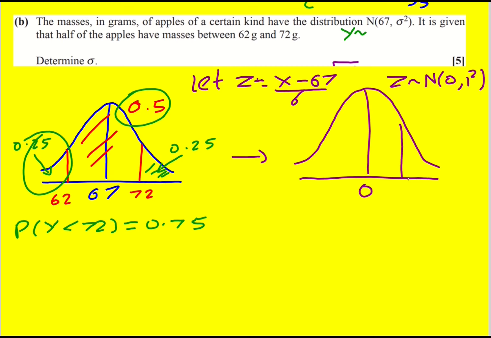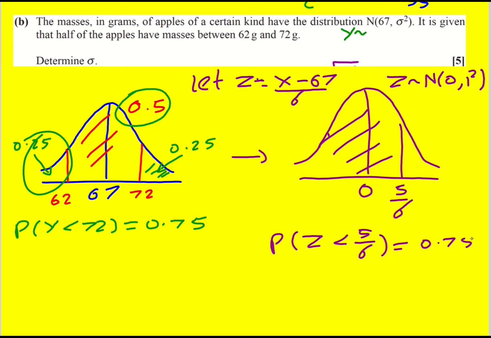So now my 72 is going to become 5 over sigma, because it's 72 minus 67 over sigma. And my other one, my 62, is going to become minus 5 over sigma, although that's not going to be important, so I'm going to leave it out. But what I can say is that the same property still holds. The probability that z is less than 5 over sigma is going to equal 0.75.